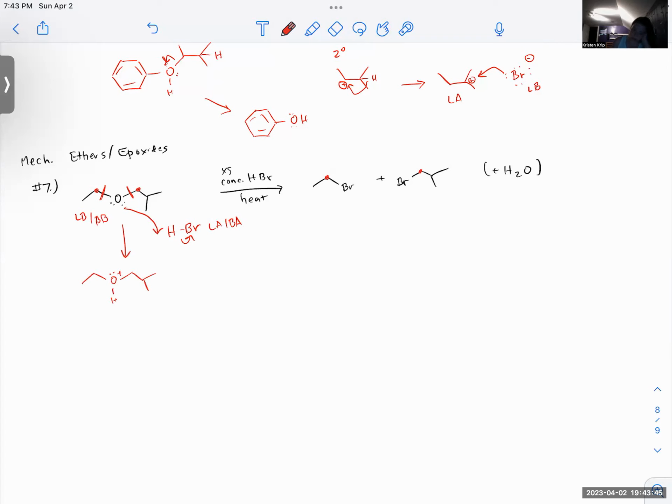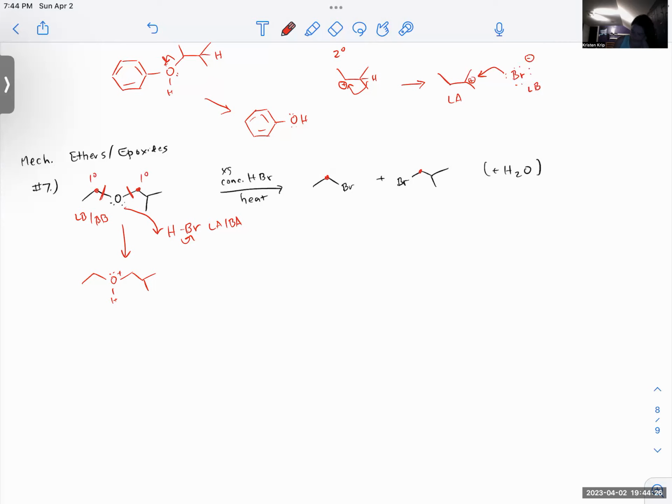And since they're both primary carbons, because they only have that one bond there instead of two, SN2 is going to happen at both sites, right? So we've got primary, primary.